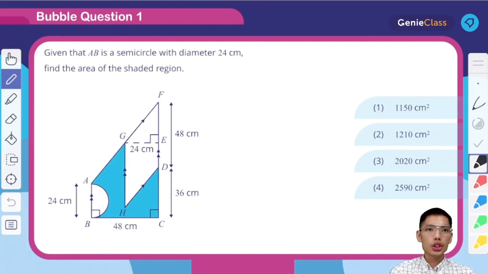Once you know the shapes, you realize that you can form my shaded region very easily. One minute left. For those who have yet to key in your response, please do so quickly.